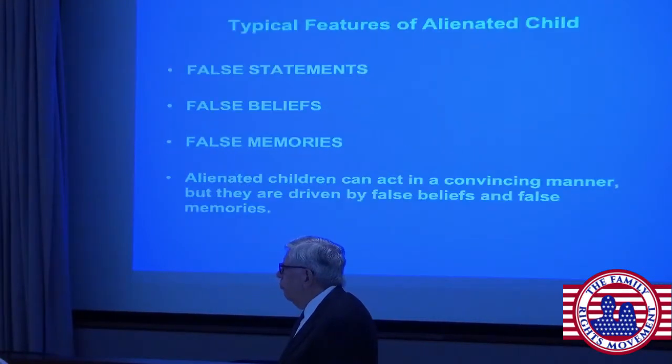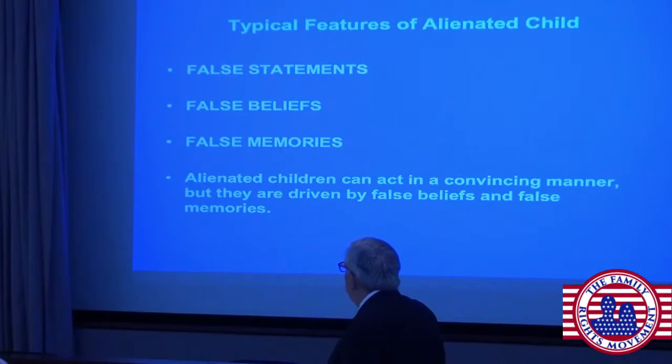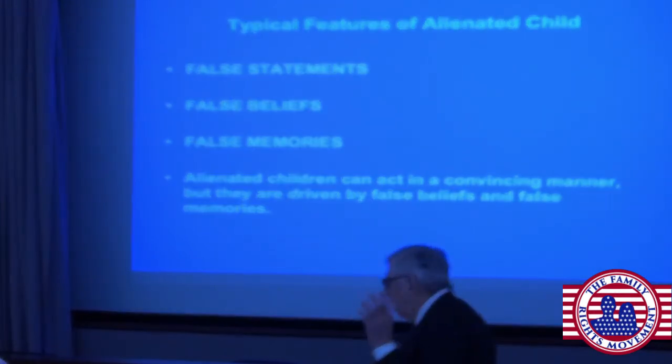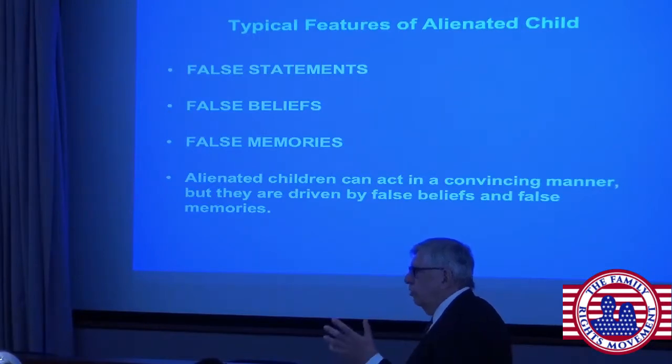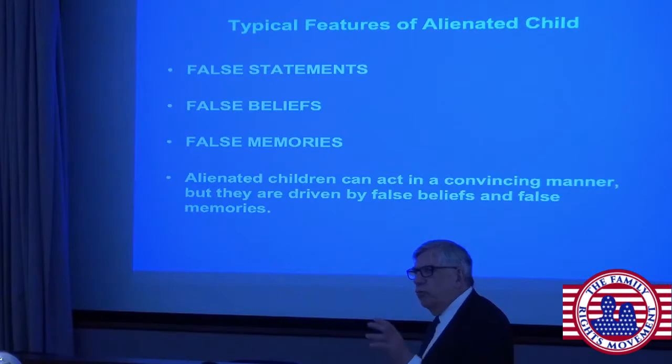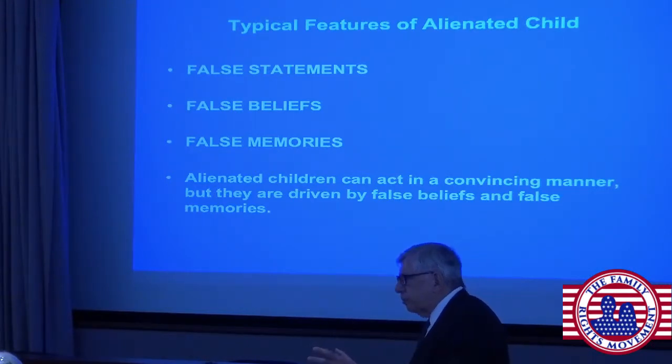So what are these children like? What goes on in their mind is this sequence. First of all, they make false statements to the evaluator or to the attorney or to the judge. They recite what they've been told and make false statements. If you make false statements enough, you start to believe those things, and you have false beliefs.